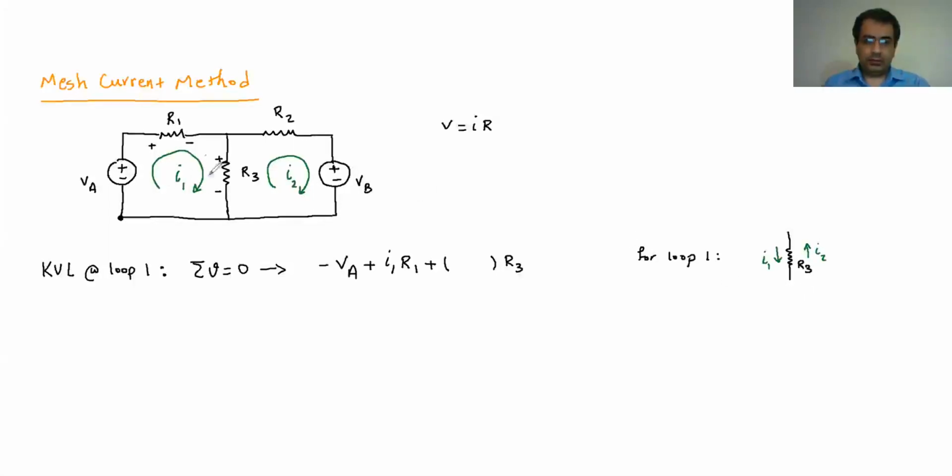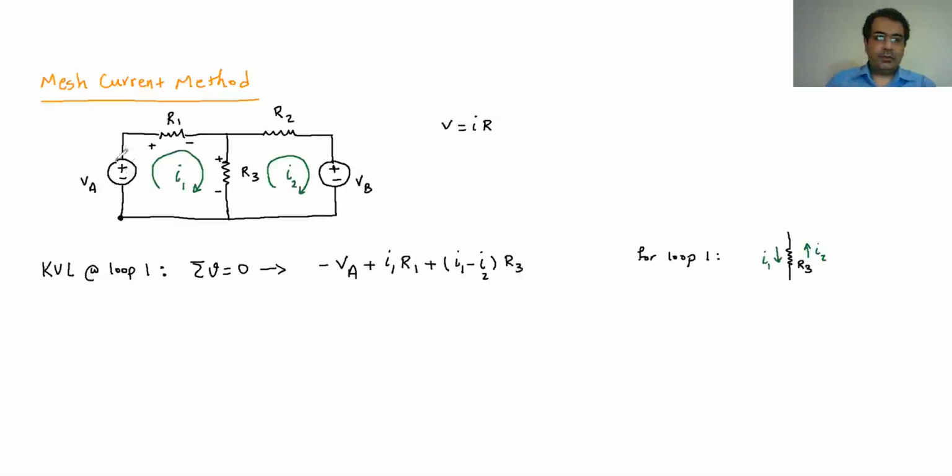I'm rotating clockwise, and I1 at this point has the same direction as I rotate, so I'm going to put plus I1, and the I2 is against the direction I'm rotating, so it's going to be negative I2.